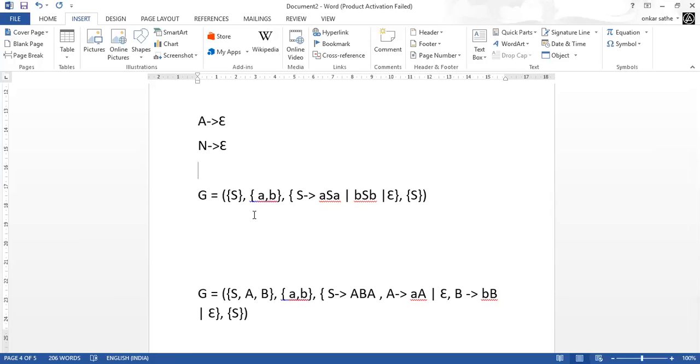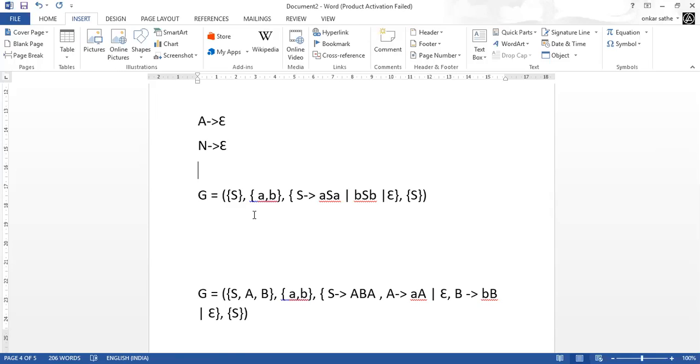Then, if there is a production of the form A gives alpha, where alpha is any sentential form containing at least one nullable non-terminal, then add new productions having right-hand side formed by deleting all possible subsets of nullable non-terminals from alpha. Then in step 3, if we get a production of the form A gives epsilon, then there is no need to add that production in the resultant grammar.